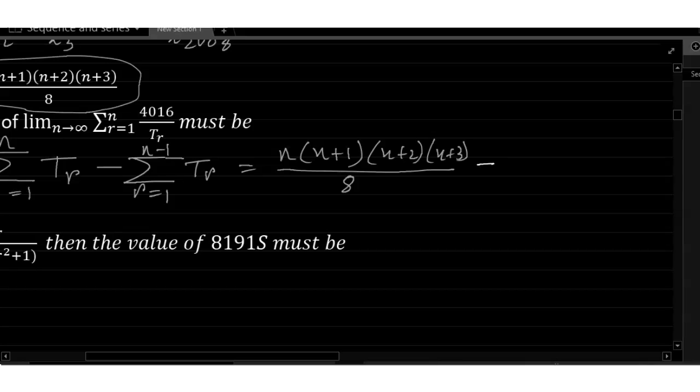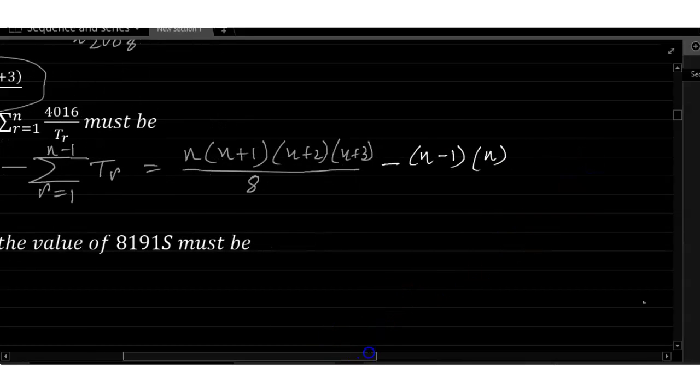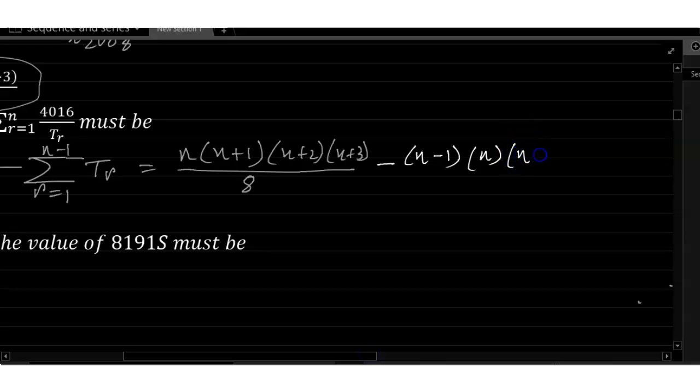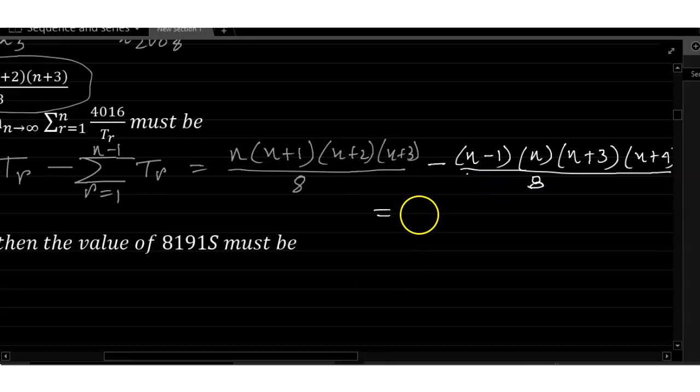So this value is (n minus 1) n (n plus 3)(n plus 4) divided by 8. So after calculation we get this value is n into n plus 1 into n plus 2.